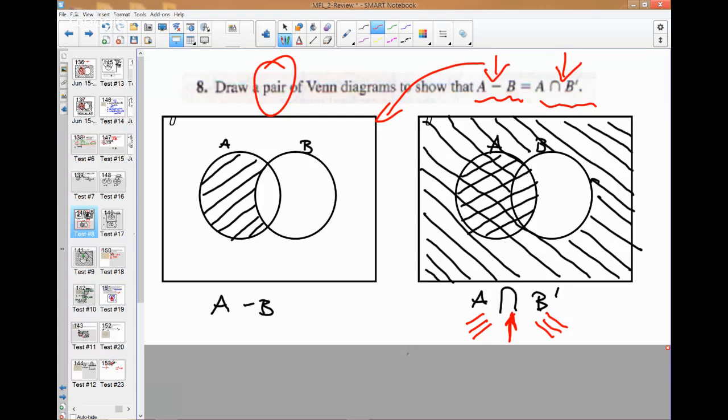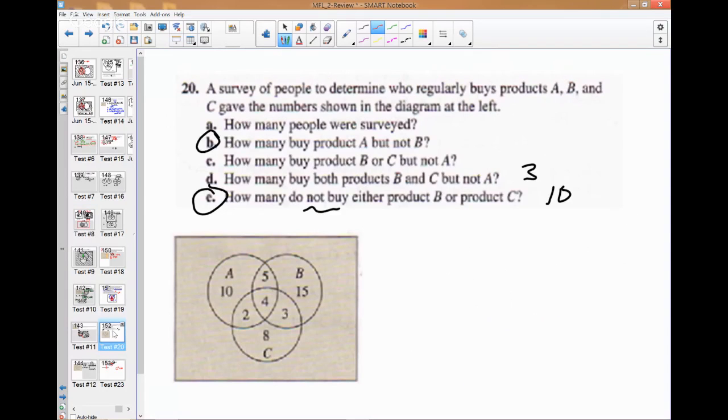Okay, if not, I'm going to number 20, which was the next one on the request list. So this one, we didn't even have to do much. The diagram is already done. It says, a survey of people to determine who regularly buys products A, B, and C gave the numbers shown in the diagram.